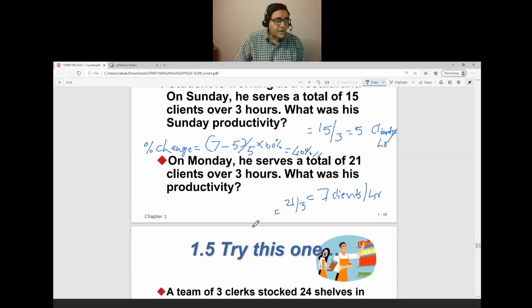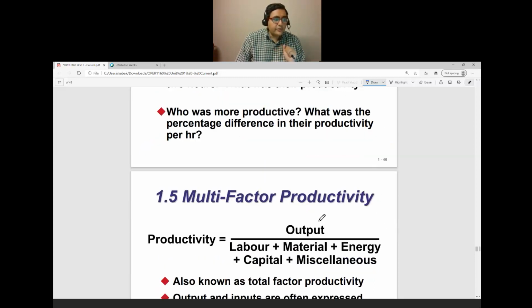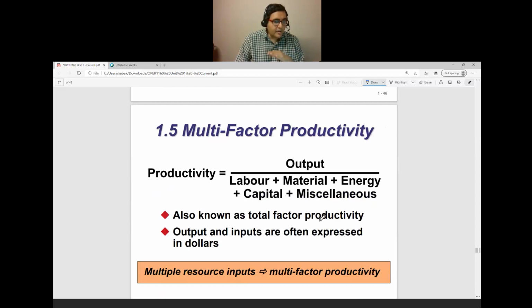So the percentage change in productivity is new minus old divided by old multiplied by 100 percentage, which is 2 divided by 5 times 100, which is 40 percentage. So that's the increase in the productivity. Increase in productivity is 40 percentage.